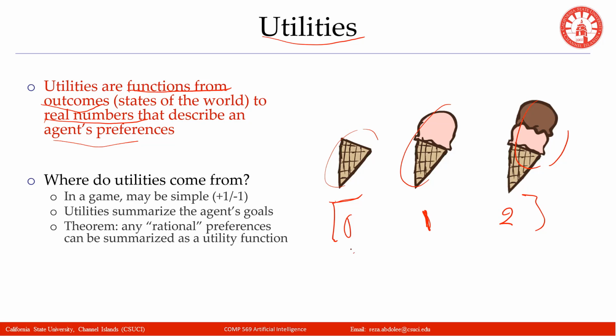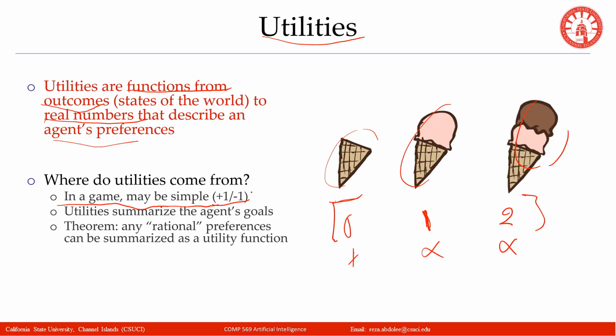Our real numbers now are 0, 1, and 2. That's as simple as this. For different games, we could have different utilities. For example, for tic-tac-toe, we simply have +1 or -1 as a utility function.